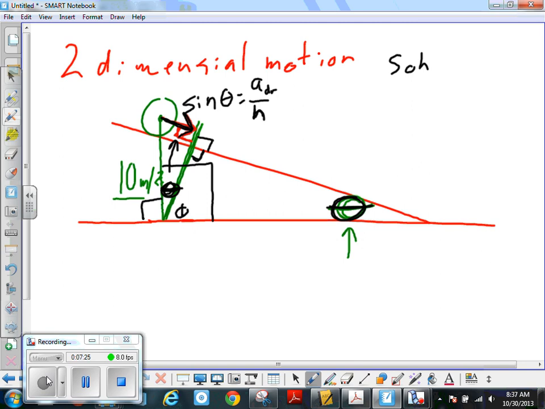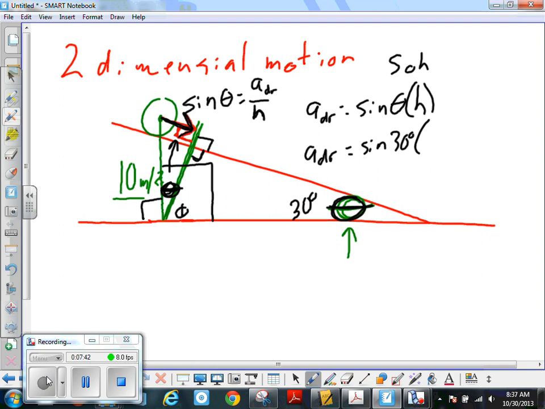In this case, then, the acceleration down the ramp is sine theta times the hypotenuse. I'm going to give this angle now, 30 degrees, so it's the sine of 30 times 10, which is 5 meters per second squared. And that's now our acceleration down the ramp.